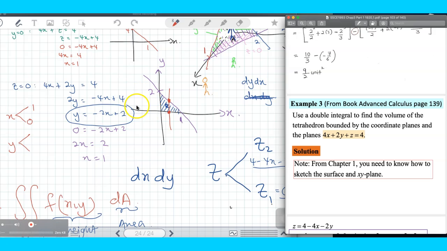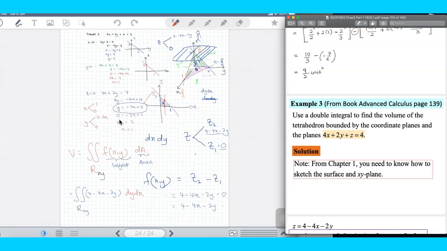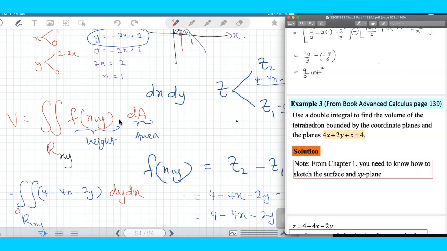The lower bound is given by y equal to 0, and the upper bound is coming from this line, where your upper bound is 2 minus 2x, because we know that this is the graph. So now we put the limits: x is 0 to 1, and y is 0 to 2 minus 2x.